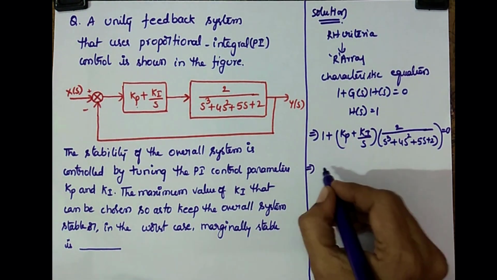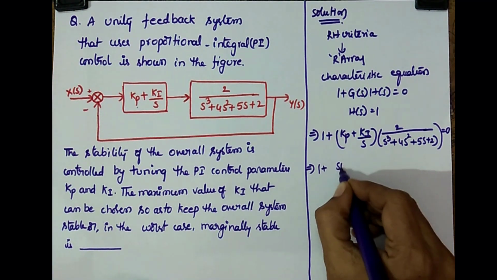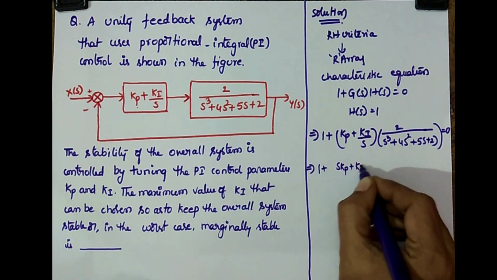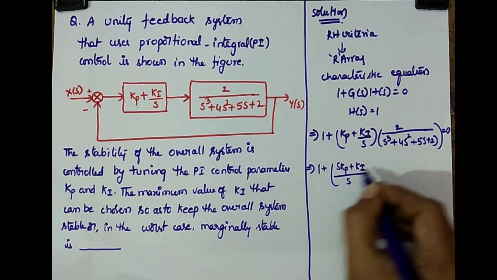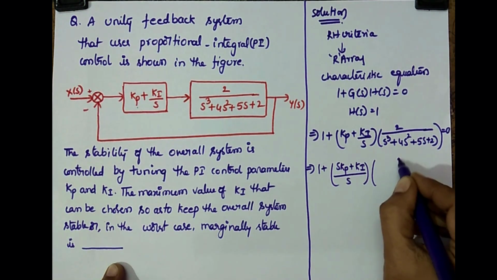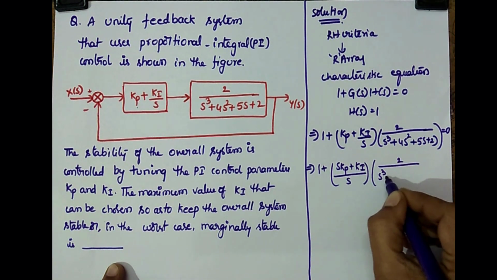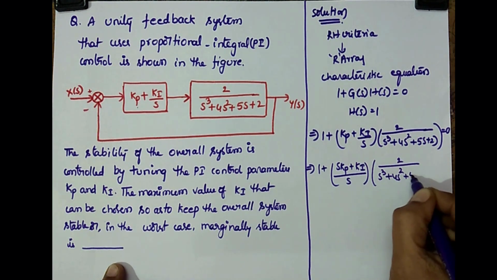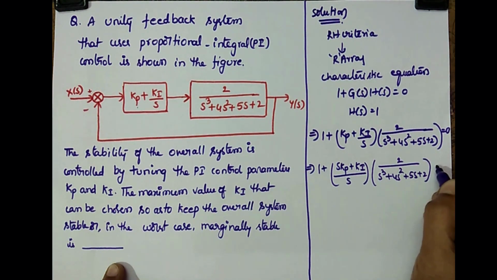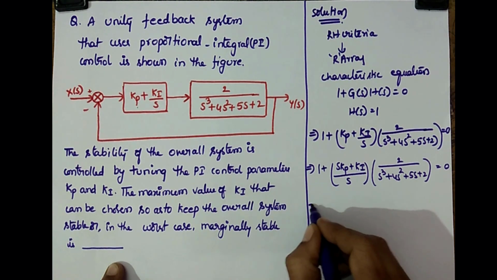That implies 1 plus ((s Kp plus Ki) by s) into 2 by (s cube plus 4s square plus 5s plus 2) is equal to 0.